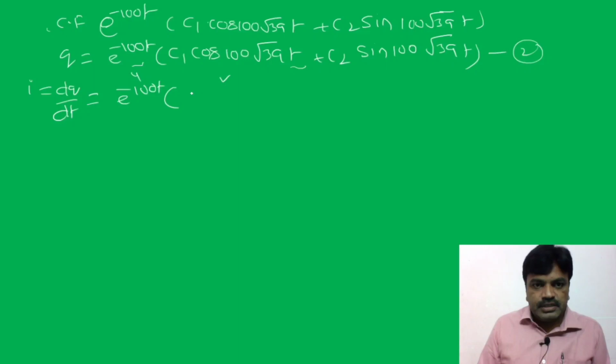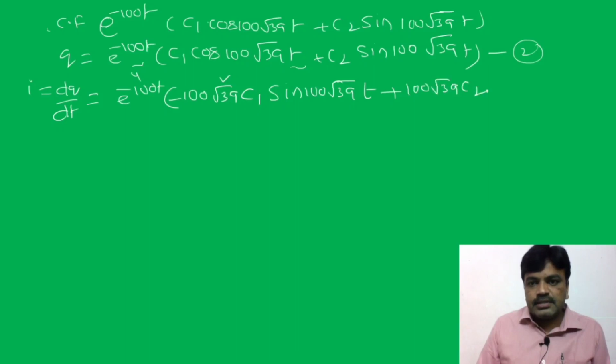Cos derivative is minus sin, so we get 100 root 39 c1 times minus sin 100 root 39t, plus here also 100 root 39 c2, sin derivative is cos, so cos 100 root 39t.